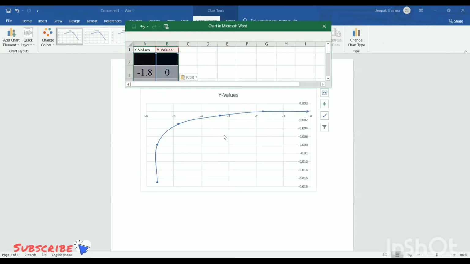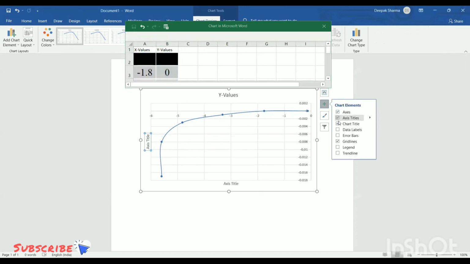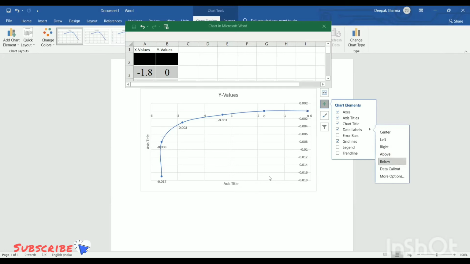We select the values. Now the graph is here. We can add axis titles, chart and data labels. So this is how we can prepare the graph, which lies in the third quadrant because we are using the negative sign in the observation.